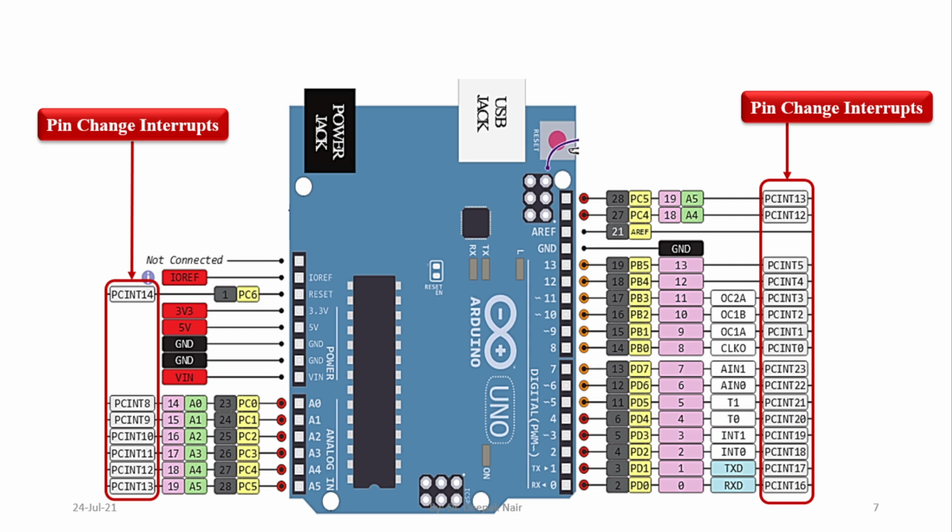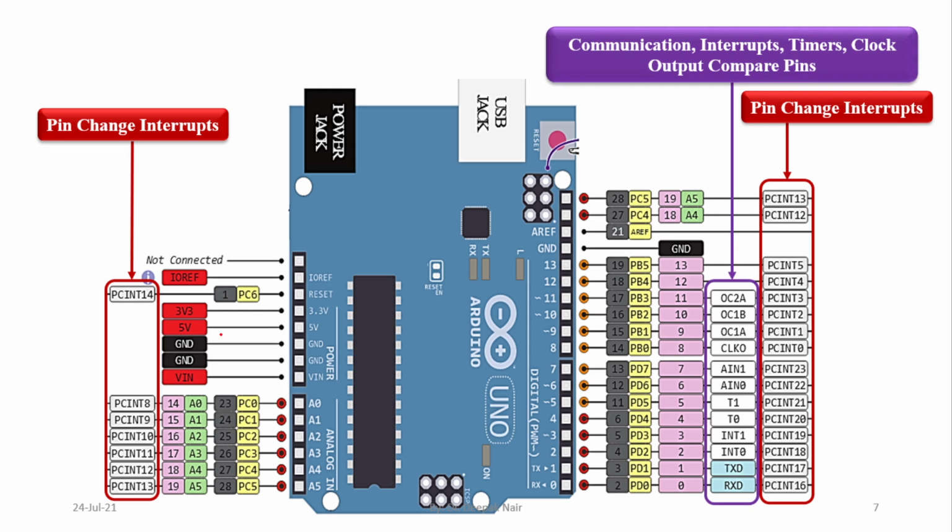For physical interrupt pins, if you want to provide interrupts, then we will have to use these two pins INT0 and INT1 on pins 3 and 2. So INT0, INT1 are the interrupts which can be provided externally directly to the pin.